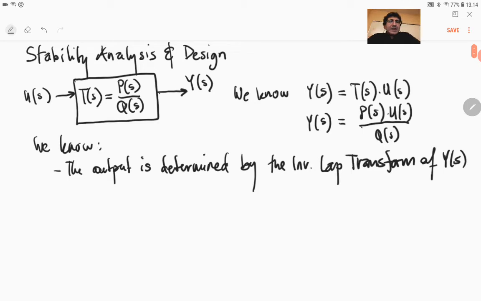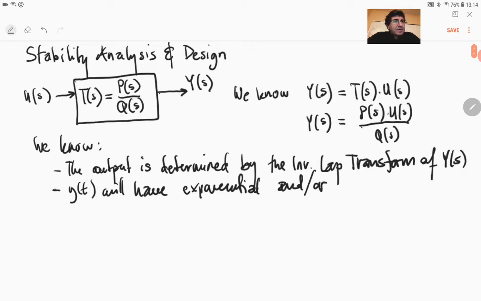And if we do that, and we have done this for first and second order systems, we have seen that y of t will basically have, depending on what we have in this product, p of s, u of s over q of s, exponential and or sinusoidal components, okay?